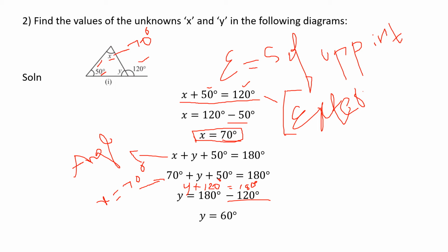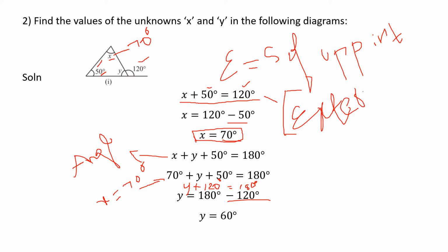Understood, children? So in the previous problem, you wanted to find out the unknown angle. There no exterior angle is given, all the angles are interior angles. So you will apply only the angle sum property and you will find out the value of x. What is the unknown angle there? x.